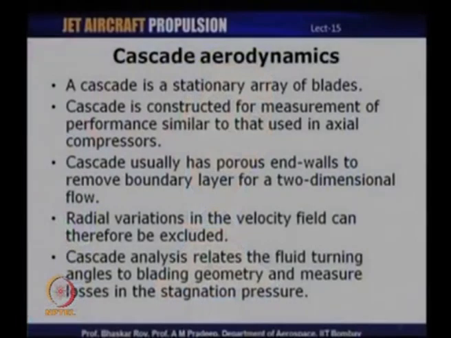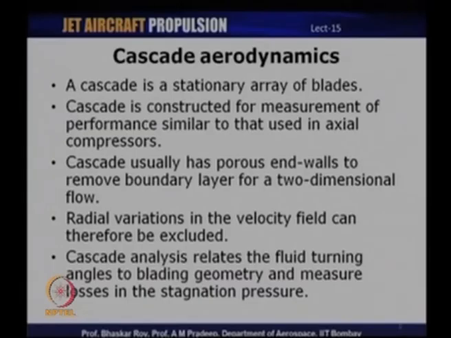Unlike an axial compressor, where the blades may have a twist and can take three dimensional shapes, which is not true for a cascade. To ensure that the flow is two dimensional in a cascade, we should ensure that the end walls of the cascade do not have boundary layer effects. Therefore, most cascades usually have end walls which are porous, or there is a provision for removing the boundary layer, and that ensures that the flow entering the cascade is two dimensional.